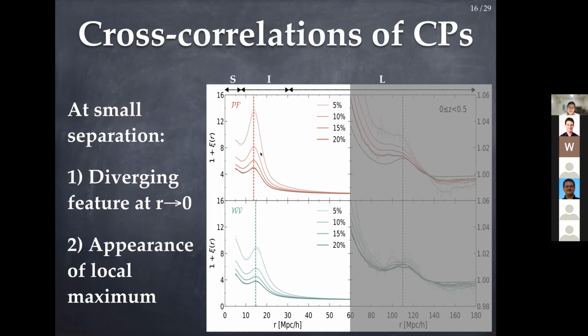And you have a local maximum at some scale. And as you can see, there is also a similar trend in terms of rarity dependence. So the clustering is stronger for rarer critical points, which is due to the linear bias of these critical points.